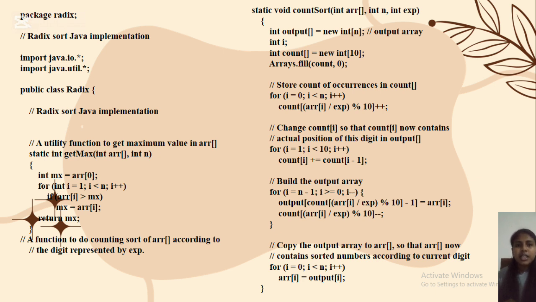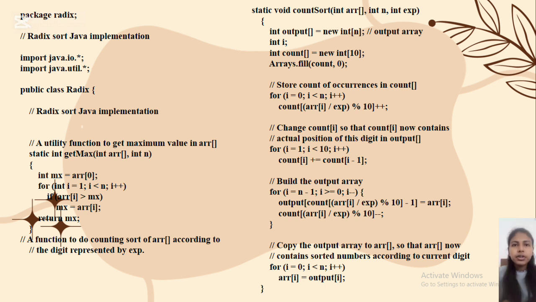If the current element is greater than the maximum value, the maximum value is updated with this new larger value. After that, it returns the maximum value, which determines how many digits need to be sorted during the radix sort.